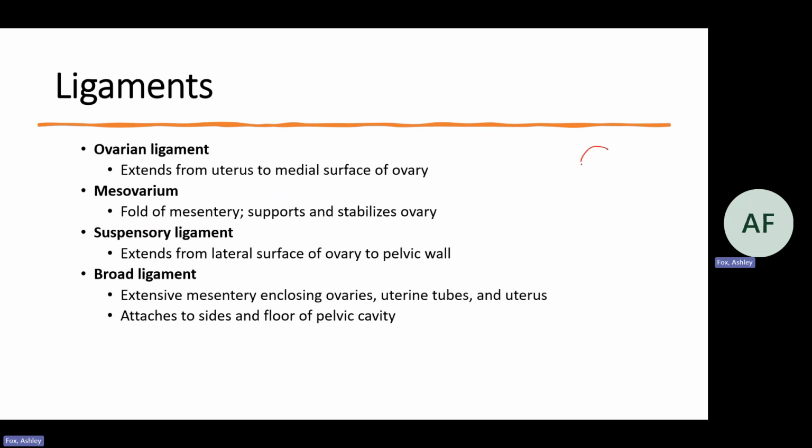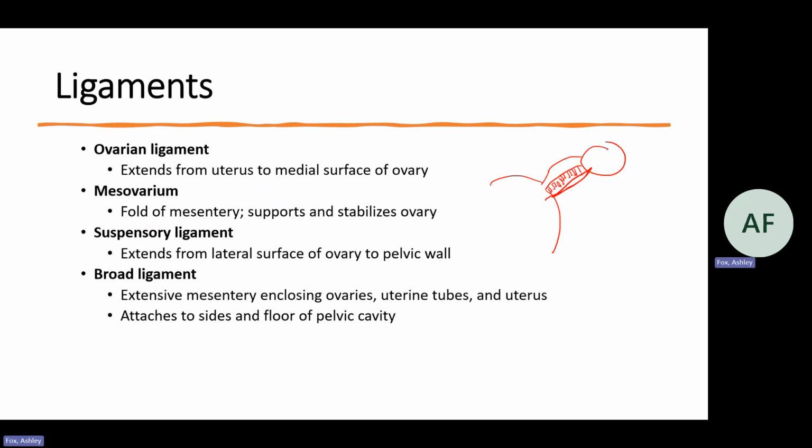So again, the ovarian ligament is going to be from the uterus to the medial surface, so the inner surface of the ovary. The way we see it, I'm just going to draw one side. So the uterus would be coming down here. We have an ovarian ligament that's going to be right here. We have mesoovarium, which is going to help support the ovary as well.